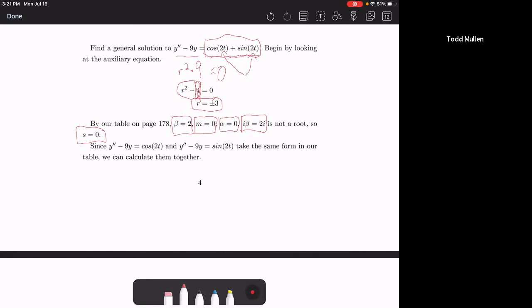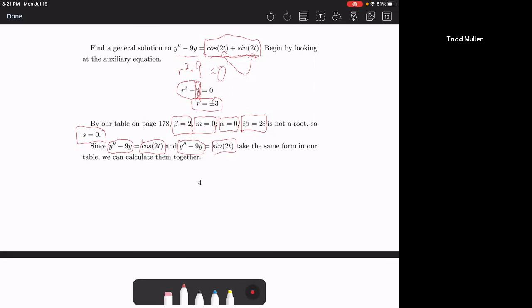Now, here's what we're going to notice based on this new principle of ours. y double prime minus 9y is equal to cos of 2t, and y double prime minus 9y equals sine of 2t take the same form in our table, so we can calculate them together.